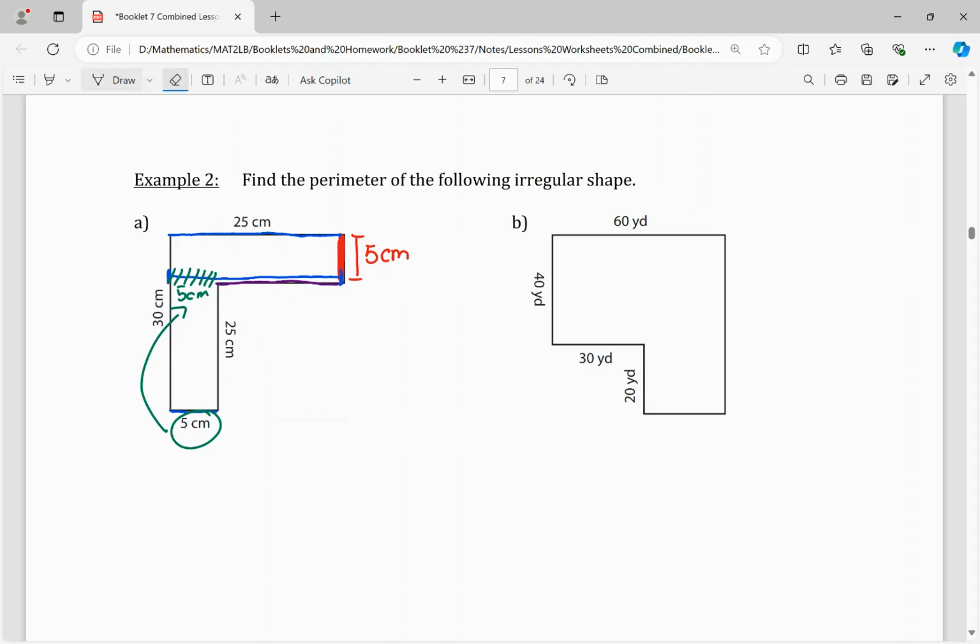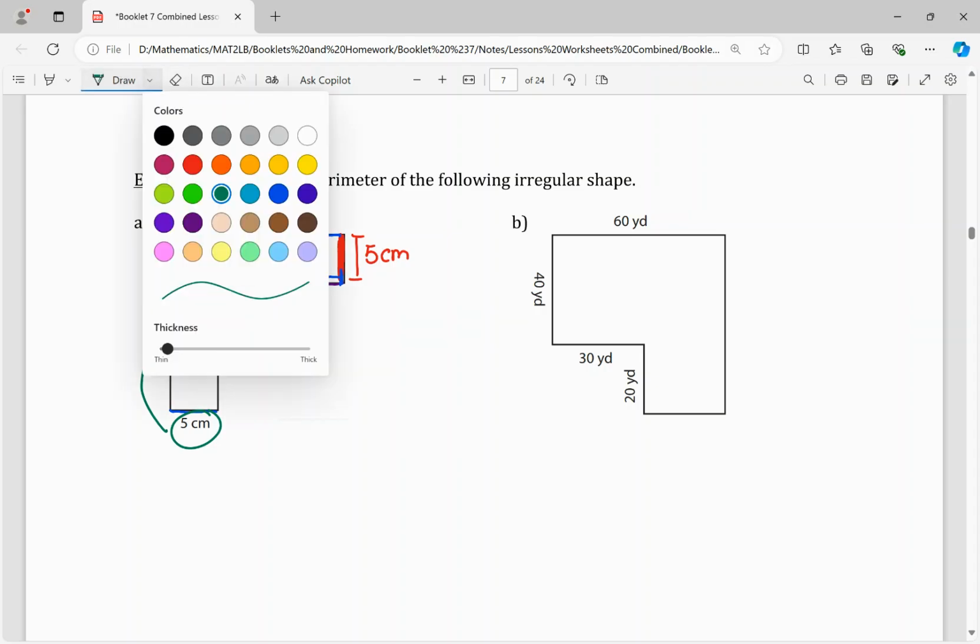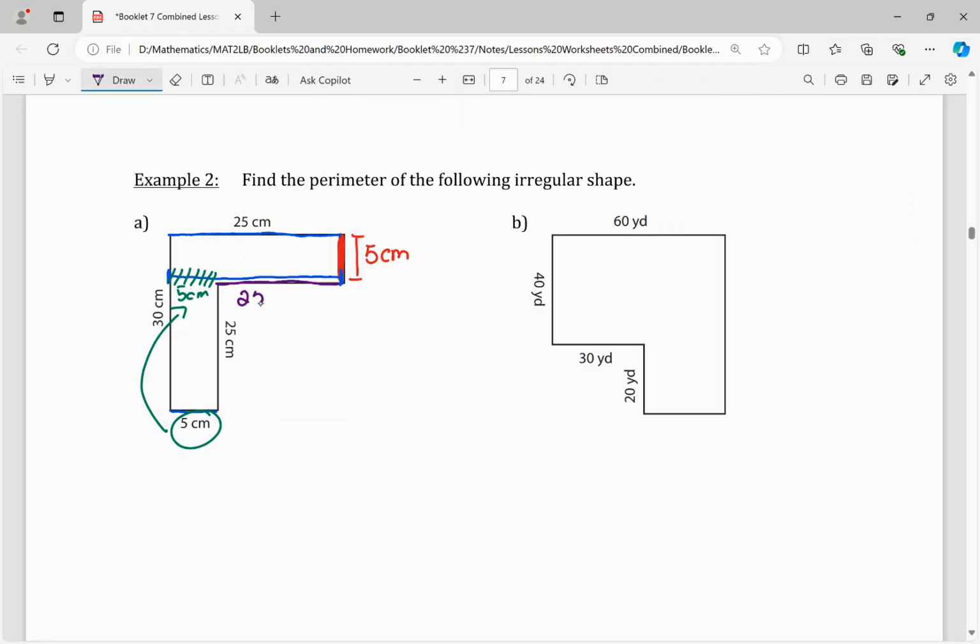So that means that if I take the 25 and I subtract 5, I'm left with a length that is 20 centimeters long. So, using the two sides in blue and subtracting them, we get the purple side.